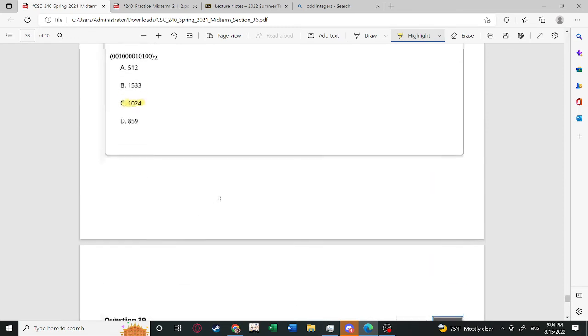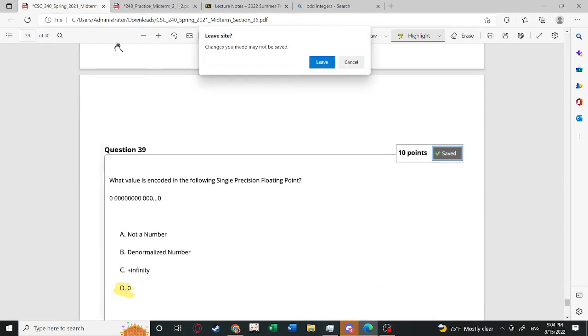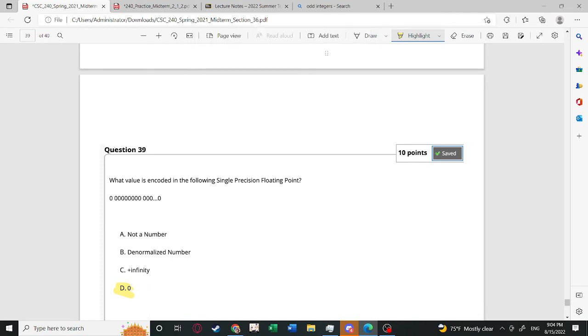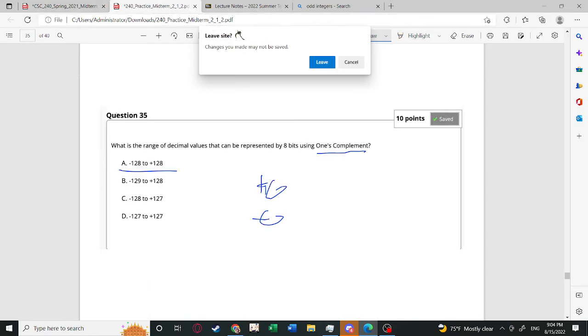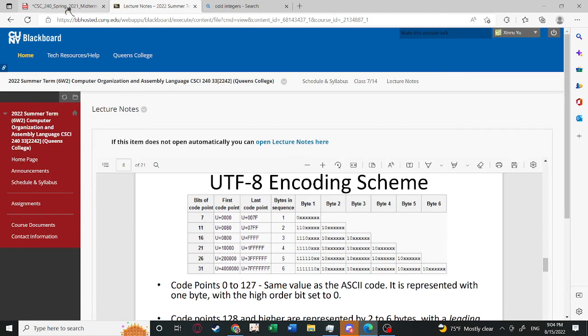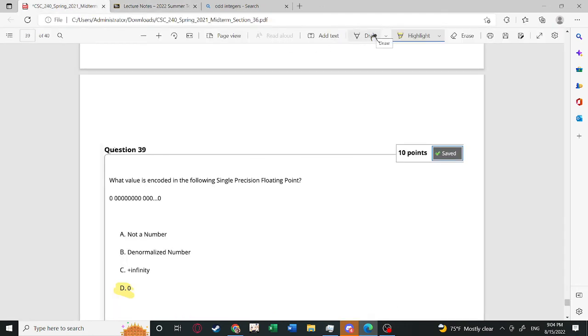We're going to save this one. Okay, so if you exit and leave. So what we're going to do is save this into a new document.